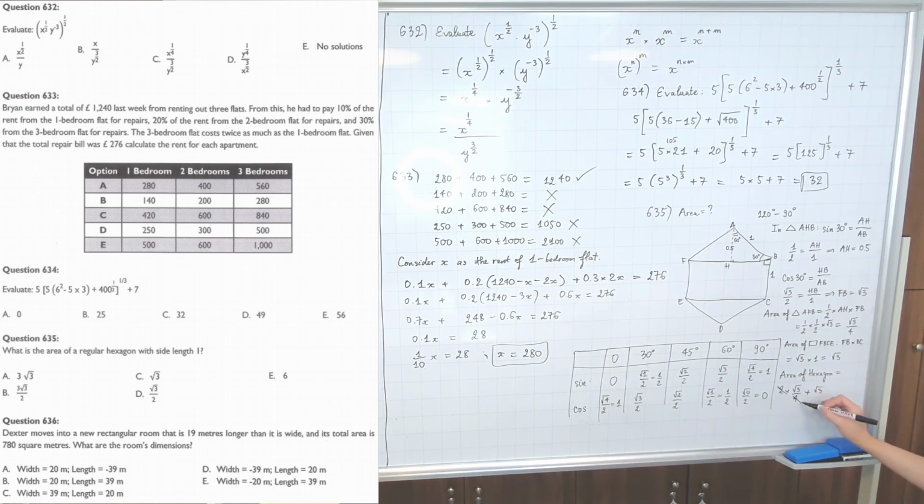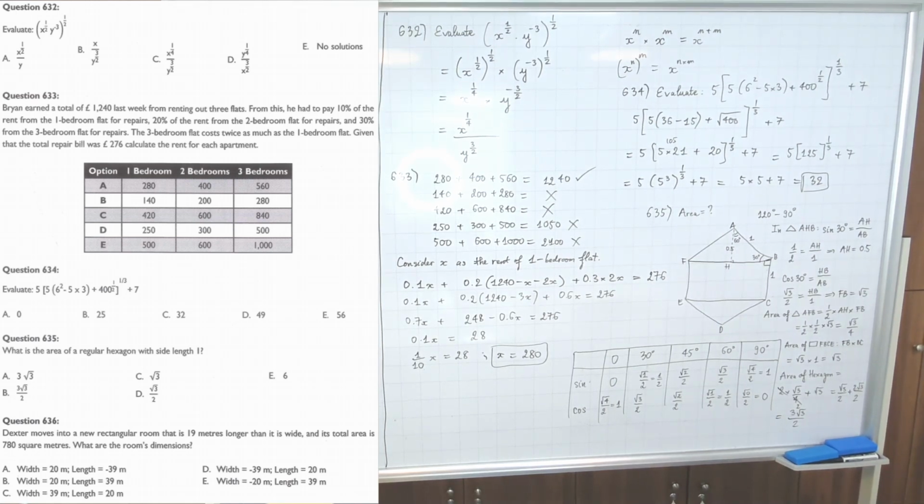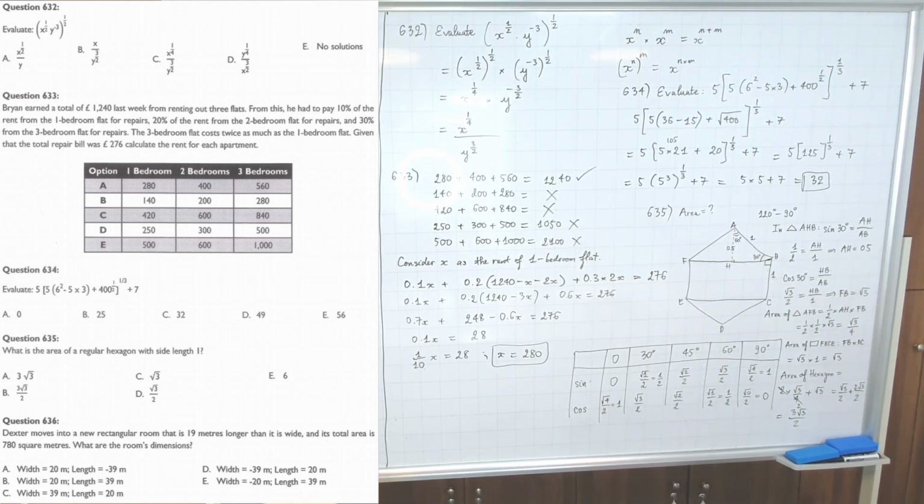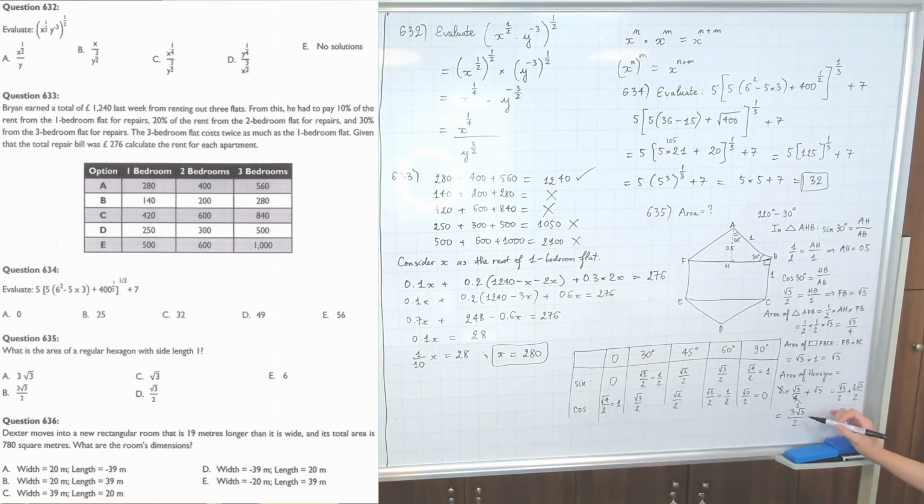So you have... so it's gonna be 3 square 3 divided by 2, isn't it? Is it B? B, very good. 3 square root of 3 divided by 2.